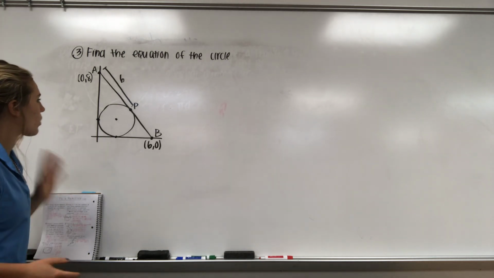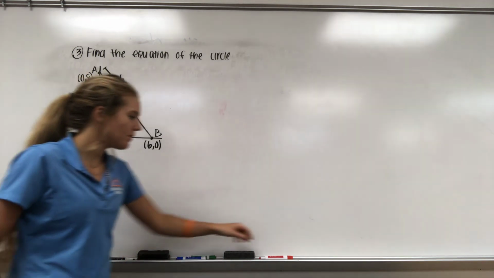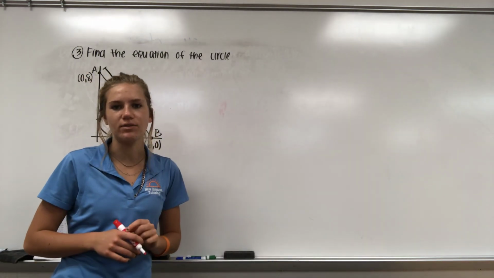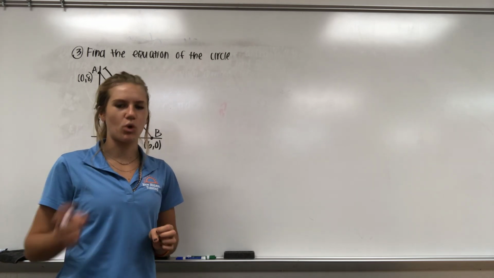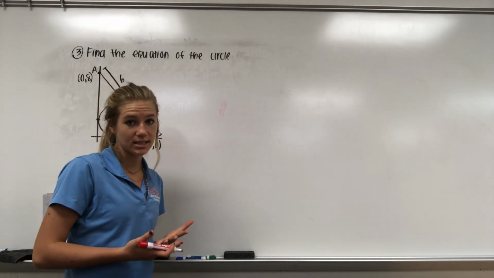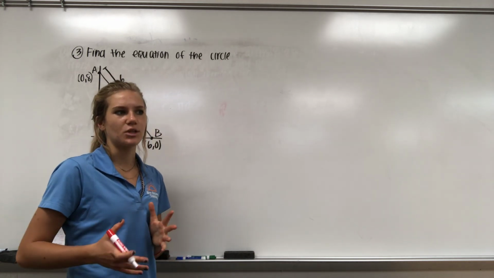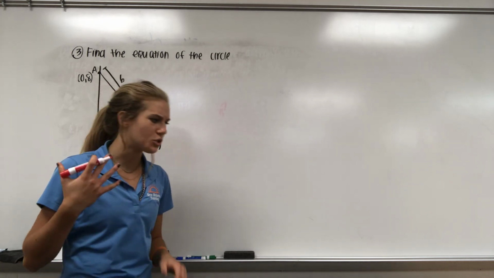Okay, so we're going to answer this question and work through it. This specific problem relies heavily on knowing relationships, not as much equations, although obviously it deals with the equation of the circle because that's what it's asking for. It's really more about relationships of circles in general, which is why I really like this problem.